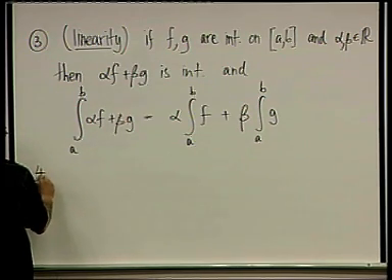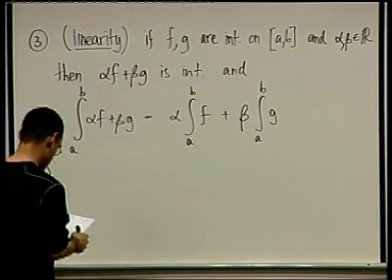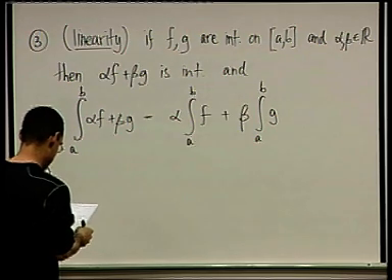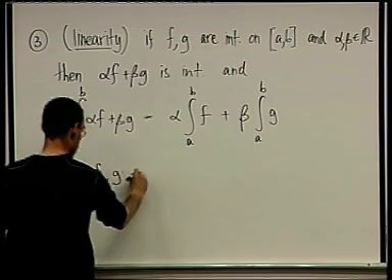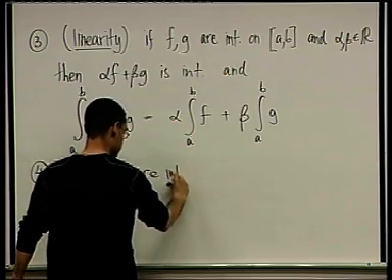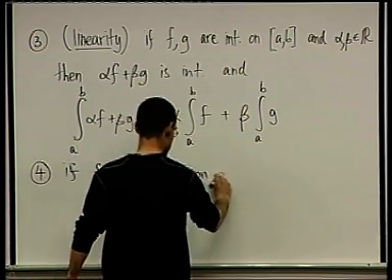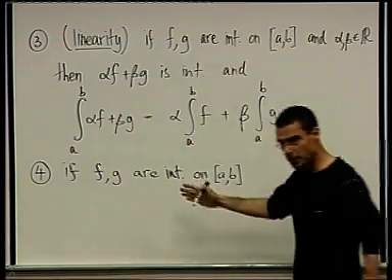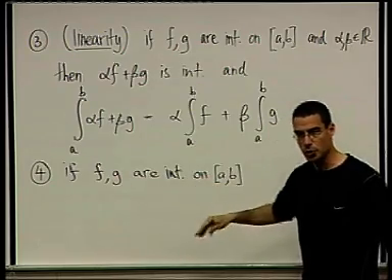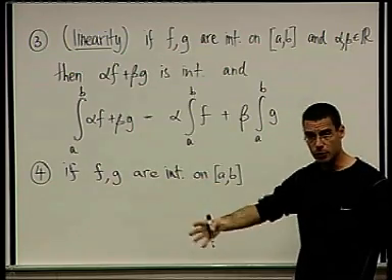4. If f and g are integrable on AB, integrable is, int. is short for being Riemann integrable.